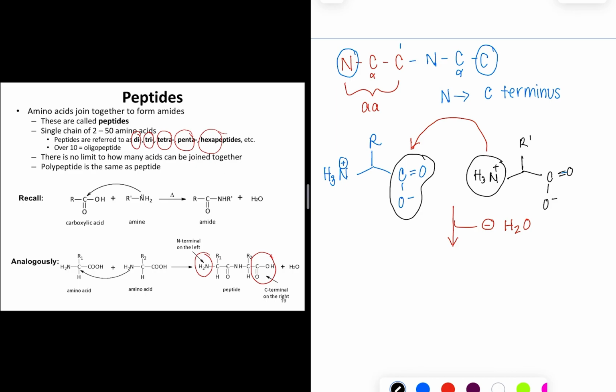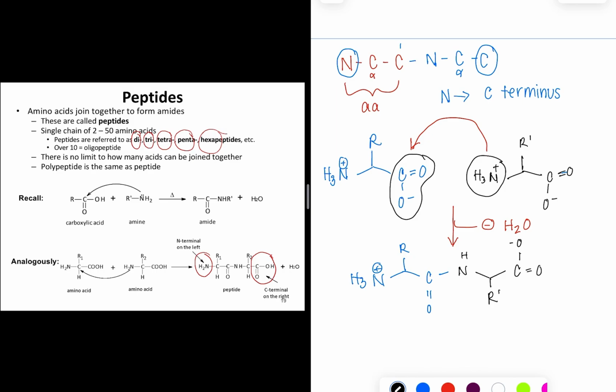When I put this molecule together, I'm going to keep the colors the same here. There's my R prime.